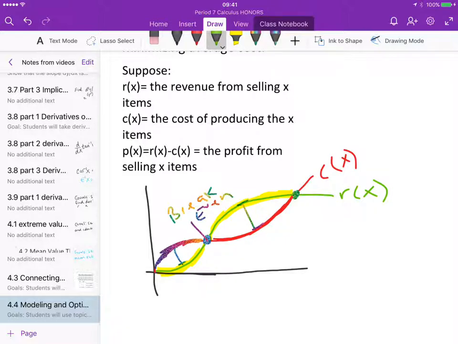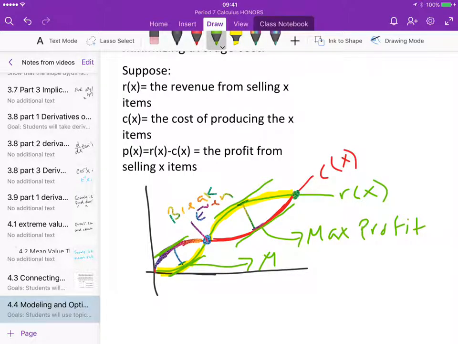And so this spot right here, in which the tangent lines are equal to each other, will give us max profit. And in this case, where these tangent lines are equal to each other, this is going to get us a max loss. And that's bad.